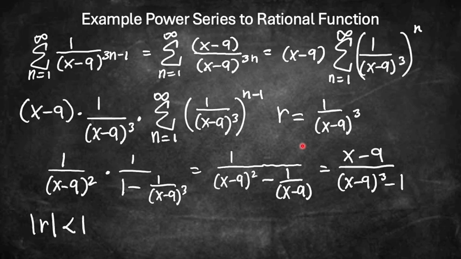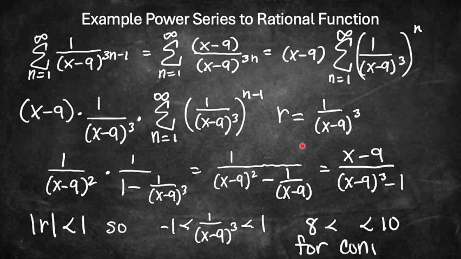So I have the absolute value of the common ratio has got to be less than 1. So I am going to rewrite that as a compound inequality. So the common ratio is in the center, and then that needs to be greater than -1, but less than 1. When we solve for x, it's going to have to fall between 8 and 10 in order for this geometric series to converge.